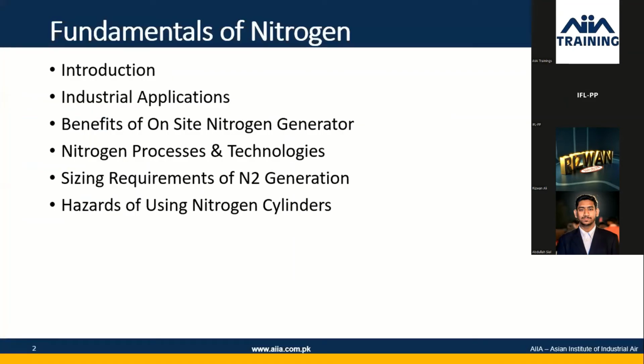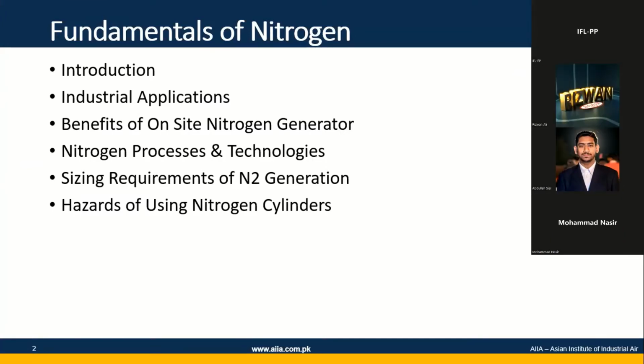In today's topic, we are going to cover the industrial applications of nitrogen and the benefits of having an on-site nitrogen generator. We'll also discuss the processes and technologies we are using at the moment, give you an overview of how we size nitrogen generators, and discuss the hazards of using nitrogen cylinders.